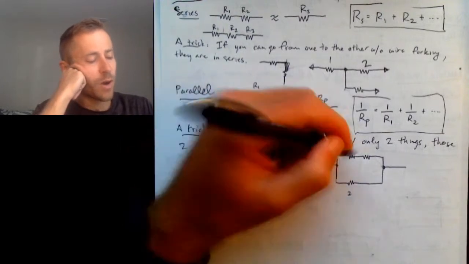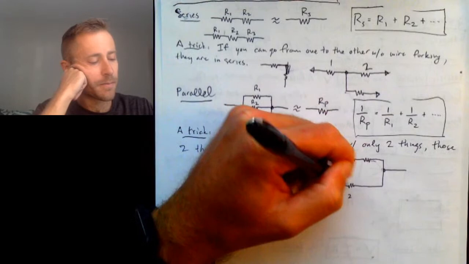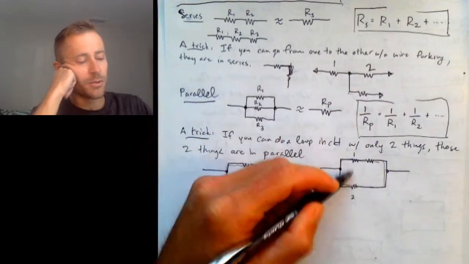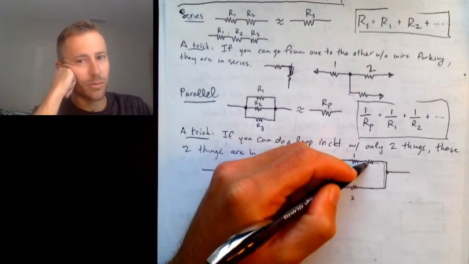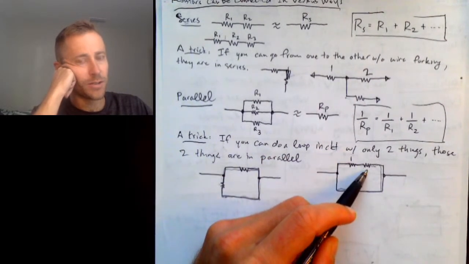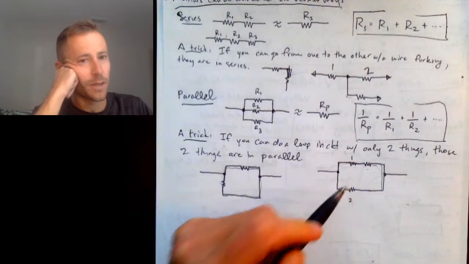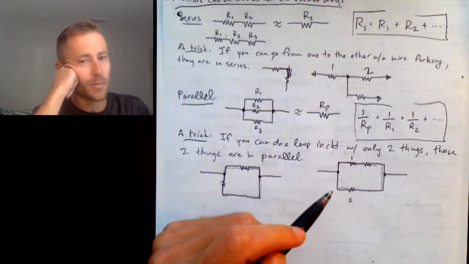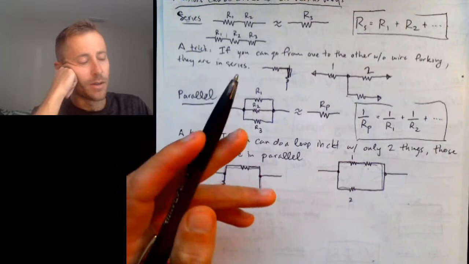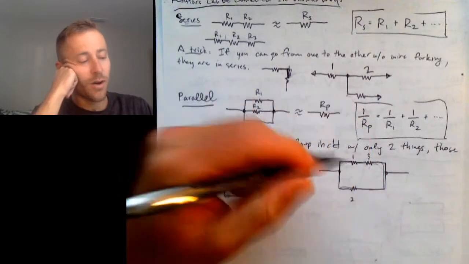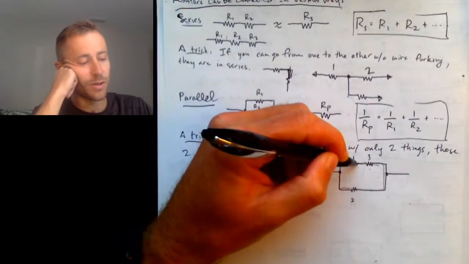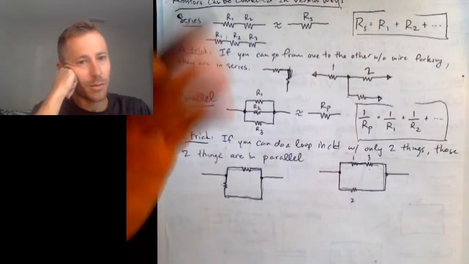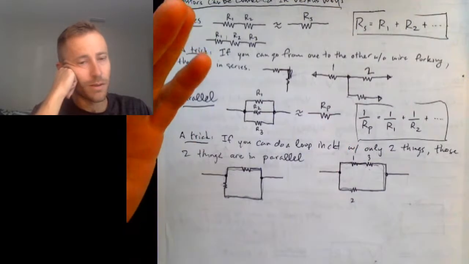Because if I walk around this loop here, yeah, I encounter resistor 1 and resistor 2, but I also encounter resistor 3 right here. So the presence of this third resistor makes it so that 1 and 2 are not in parallel, okay? But actually resistor 1 and 3 are in series, because I could go from resistor 1 to resistor 3 along this pathway, and that pathway has no forks, okay?